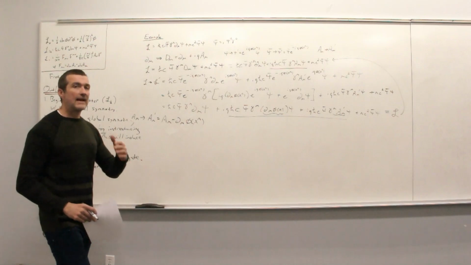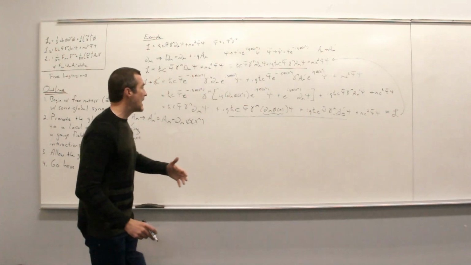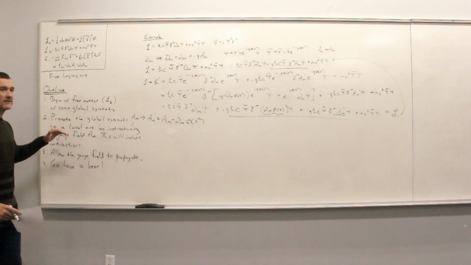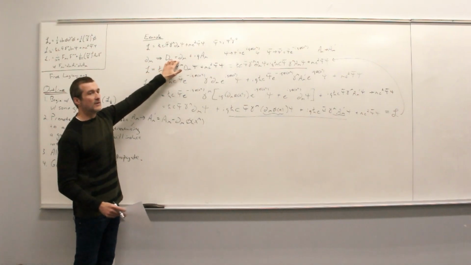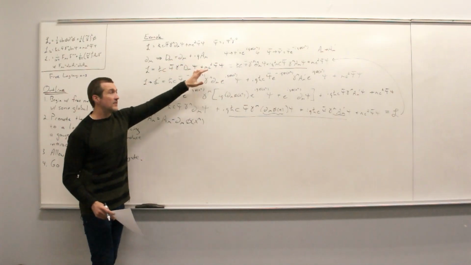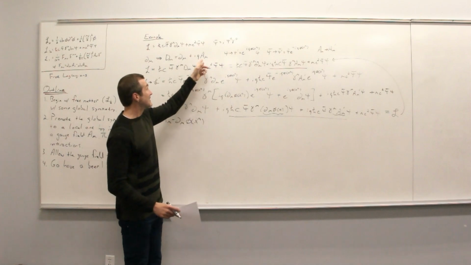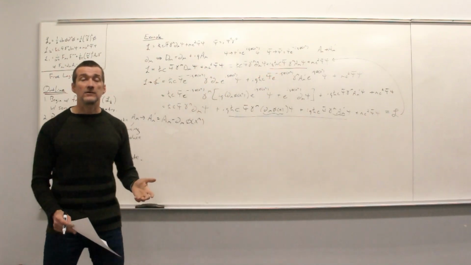We did not set out to introduce an interaction. We set out to localize a symmetry. Localizing the symmetry required us to redefine the derivative with the introduction of the gauge field. But to make the Lagrangian invariant, this gauge field has to interact with the matter field that we started with.